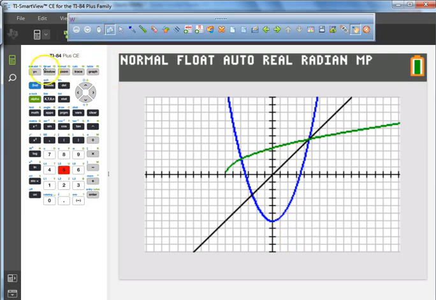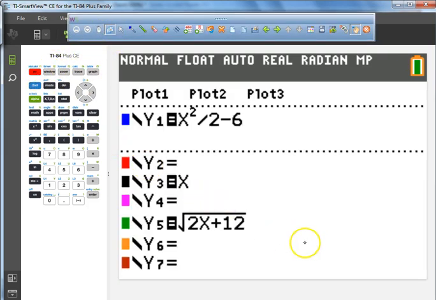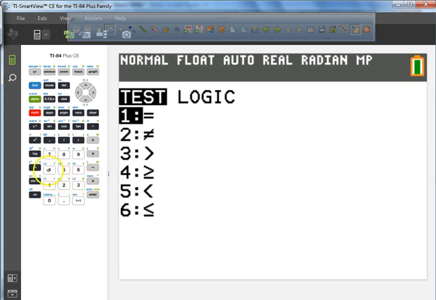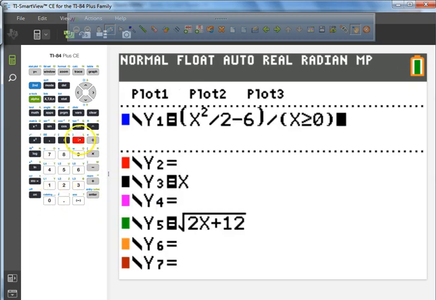What did it say at the very beginning? It said x had to be greater than or equal to 0. So watch this. I'm going to open parentheses, type in an x. So all of this right here, I'm going to set the domain, divided by, open parentheses, x had to be greater than or equal to 0.